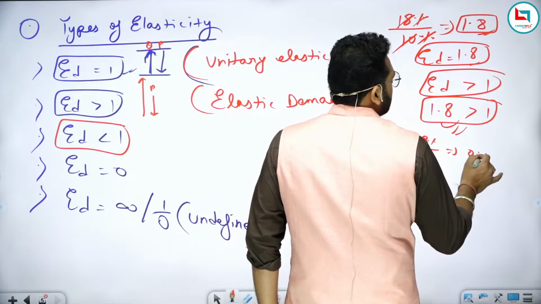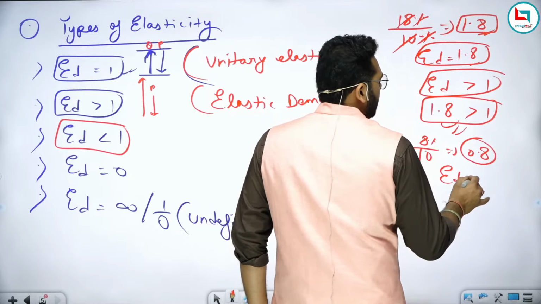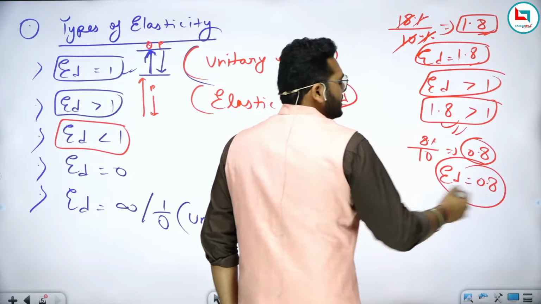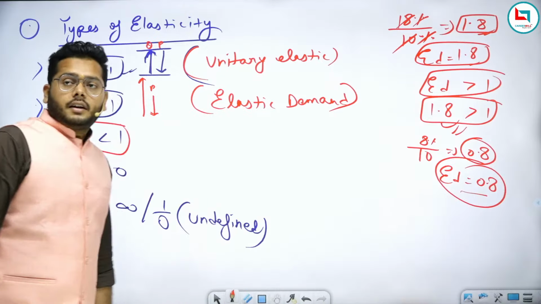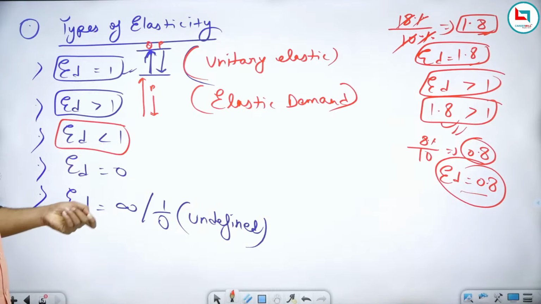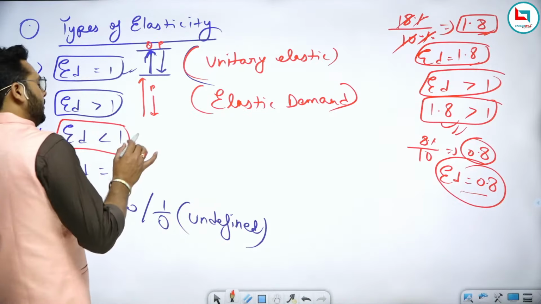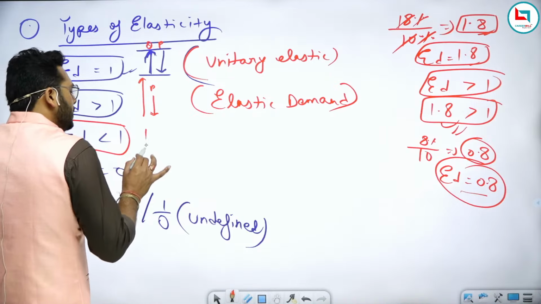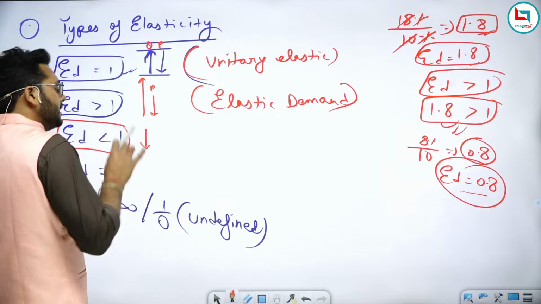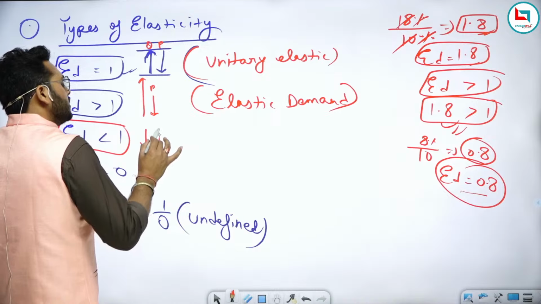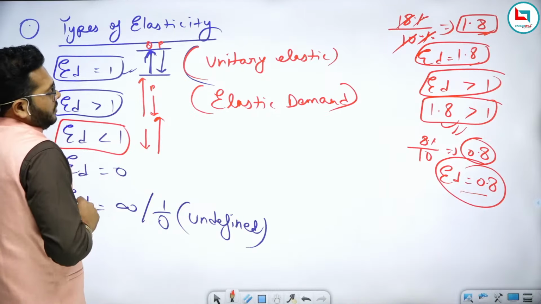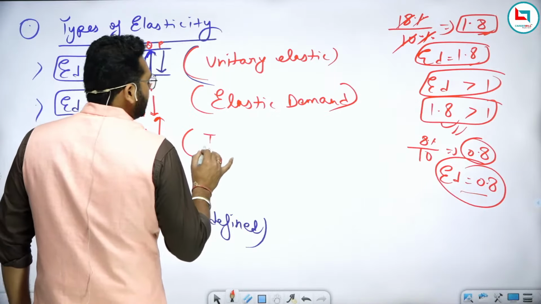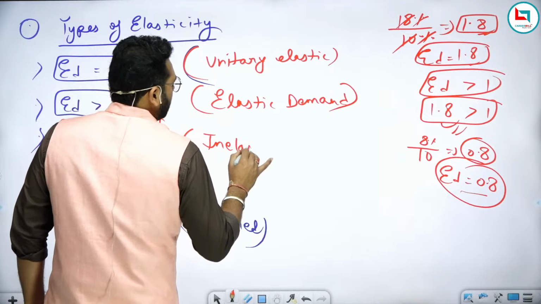So you will get the answer 0.8. The value of ED equals 0.8, which is less than 1. So we can say here ED is less than 1. Now we can define that the change in the quantity demanded is less, comparatively the change in the price is more. So this is called inelastic demand.